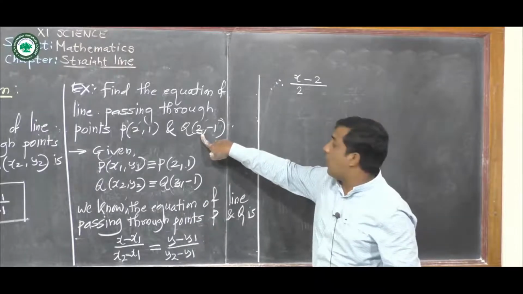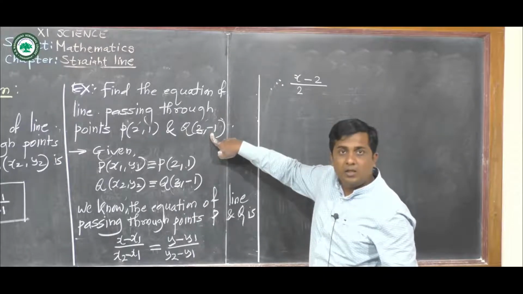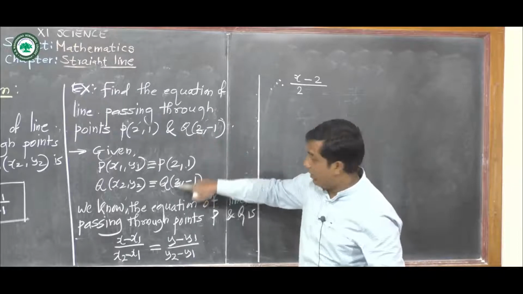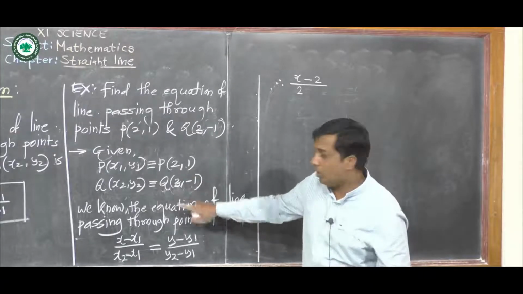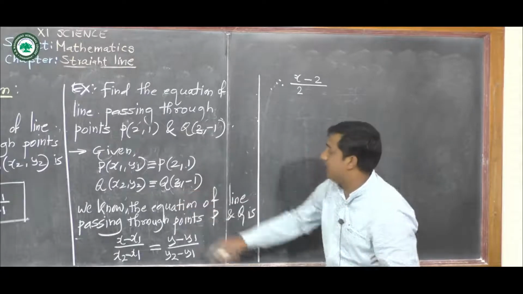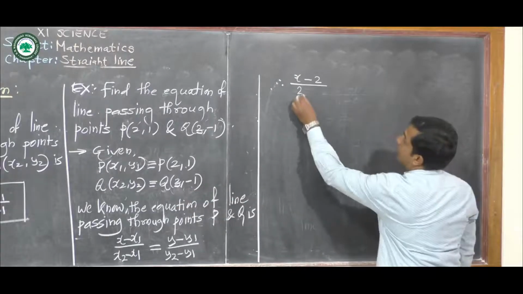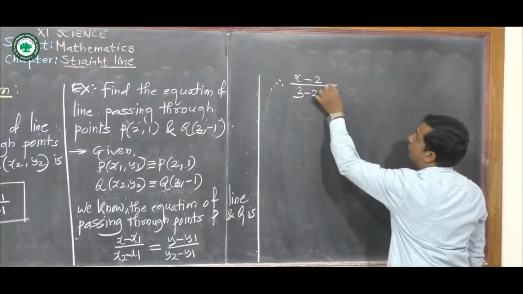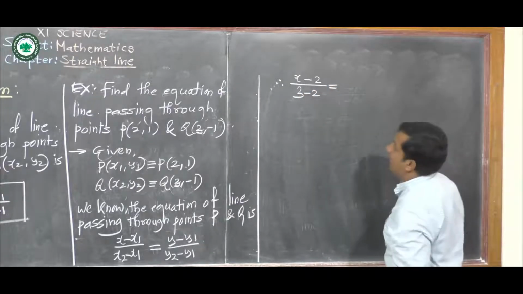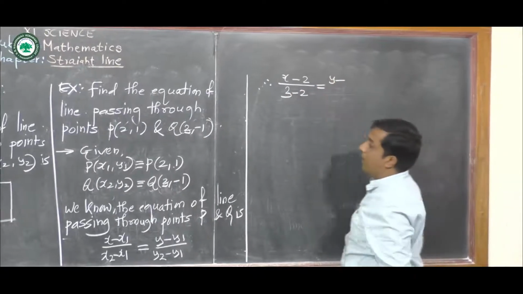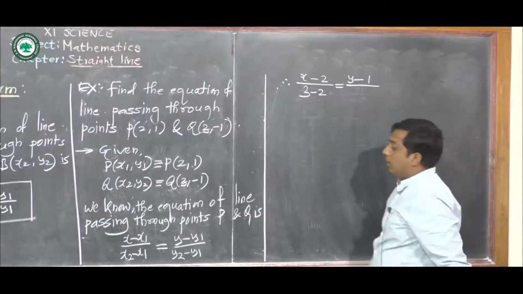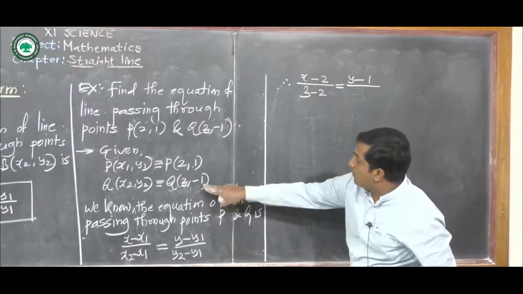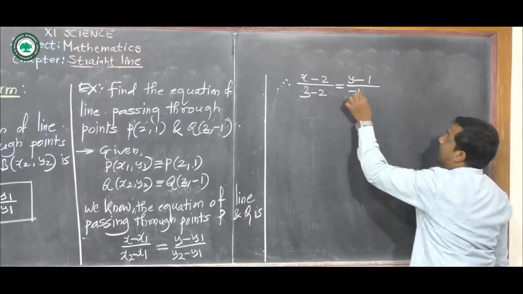Here coordinates of Q are 3, minus 1. If we consider 2 and 2, we get 2 minus 2 as 0. So we replace this 2 by using 3. Here 3, minus 1, so 3 minus 2 is equal to, then y minus y1, here y1 is 1, divided by y2 minus y1 means minus 1 minus 1.